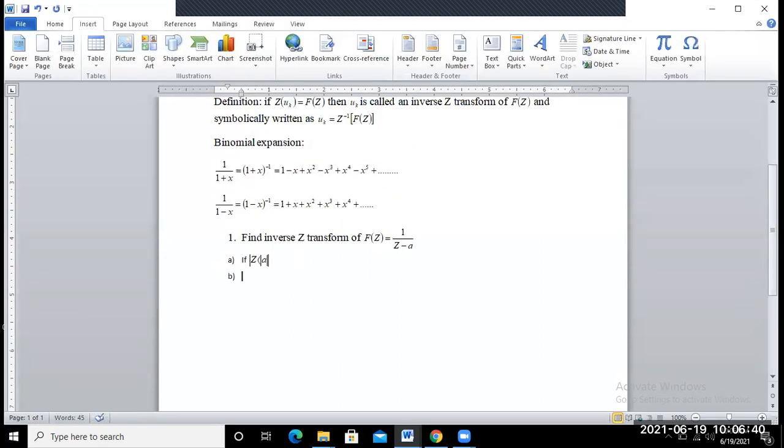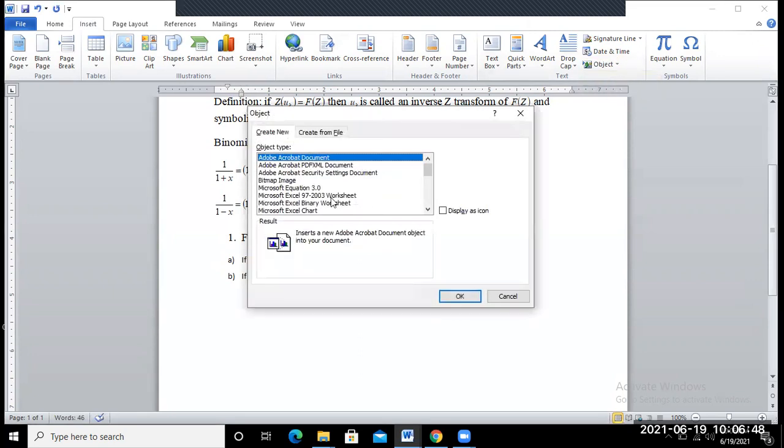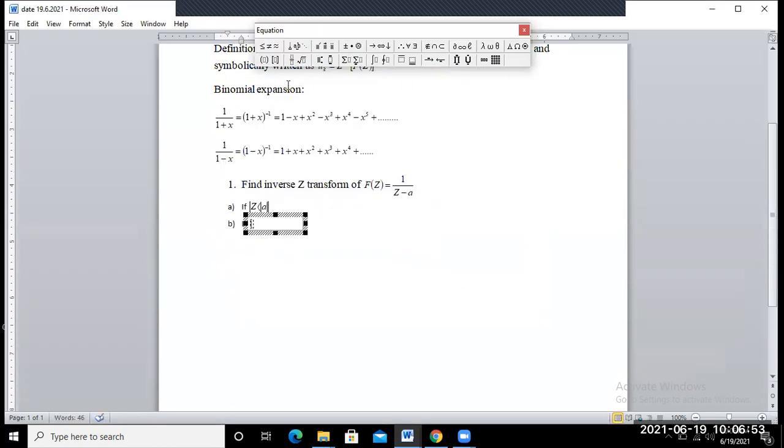And B, if magnitude of z is greater than magnitude of a. Okay, magnitude of z is greater than magnitude of a.